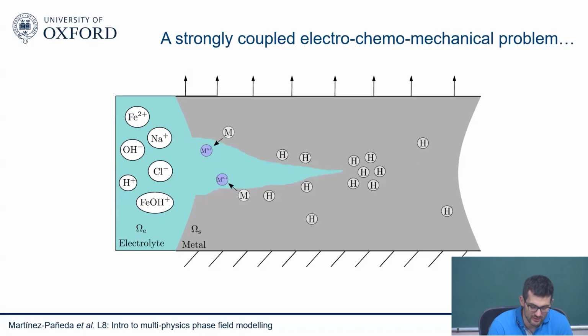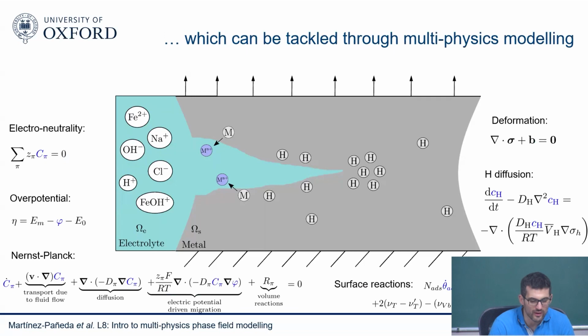And the good thing is that we know what the differential equations are that describe each of these phenomena. The electrochemical community knows very well how to describe the electrochemistry of electrolytes. As we discussed in the hydrogen seminar, they use Nernst-Planck, an equation for electroneutrality or Gauss's law. Here you see the Nernst-Planck equation, for example. You can predict the transport of each of these ionic species, and each of them will be a degree of freedom in your finite element model.